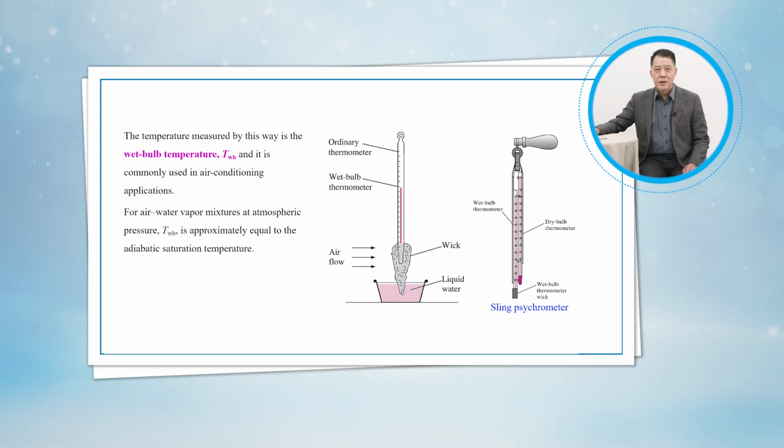In general, the adiabatic saturation temperature and the wet bulb temperature are not the same. However, for air-water vapor mixtures at atmospheric pressure, the wet bulb temperature happens to be approximately equal to the adiabatic saturation temperature.